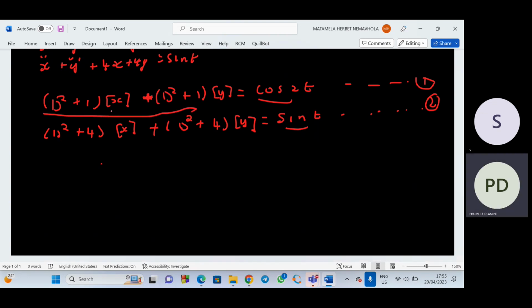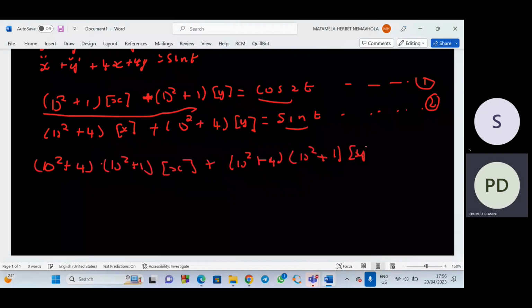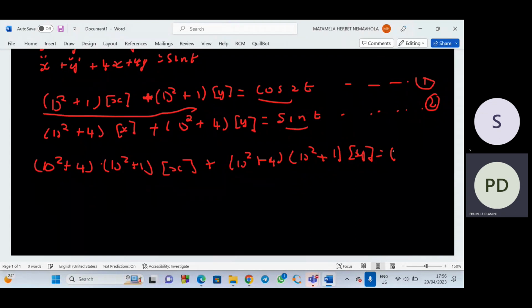If I multiply this equation by d squared plus 4, you will see something: d squared plus 4 times d squared plus 1 of y, and this equals d squared plus 4 of cos 2t.